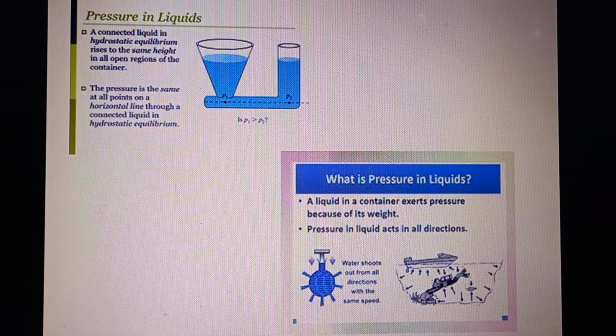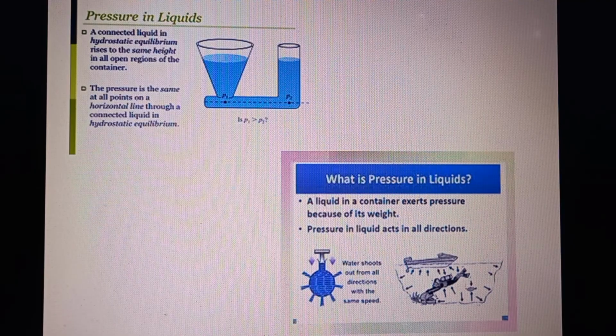So the pressure is the same at all points on a horizontal line through connected liquid in hydrostatic equilibrium, no matter what the shapes are.